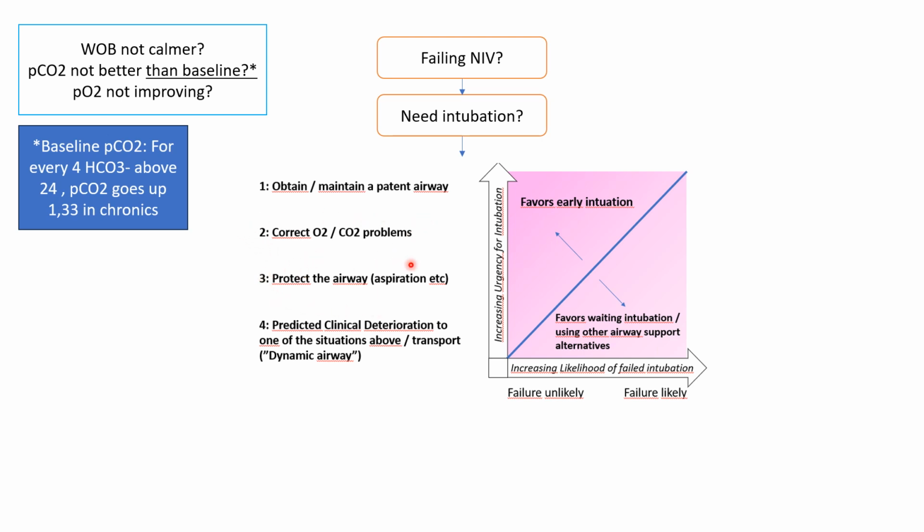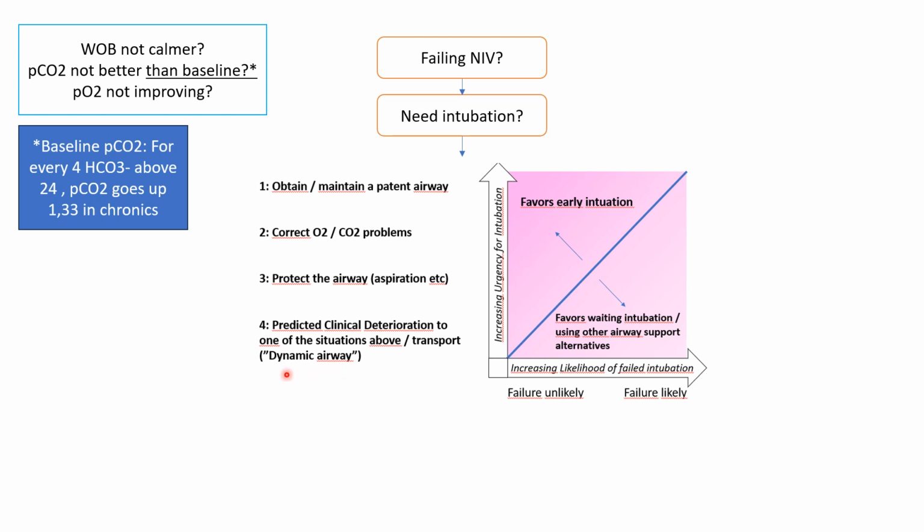Protect the airway from aspiration. Well, if you have a low GCS, that's also important, but not urgent. Or if you have what you call a dynamic airway, or a burn victim who has blisters in their oropharynx, that's someone you want to intubate, but not right now, but within maybe 5 or 10 minutes, or maybe 20 minutes.